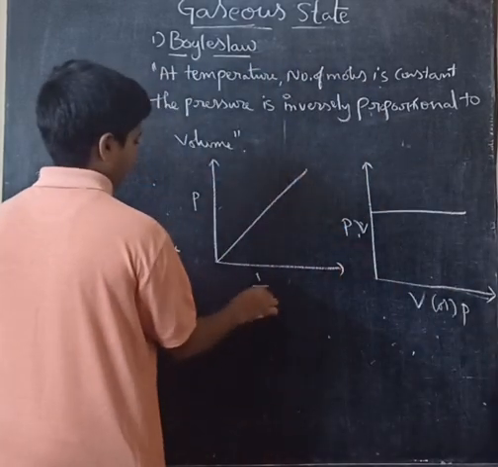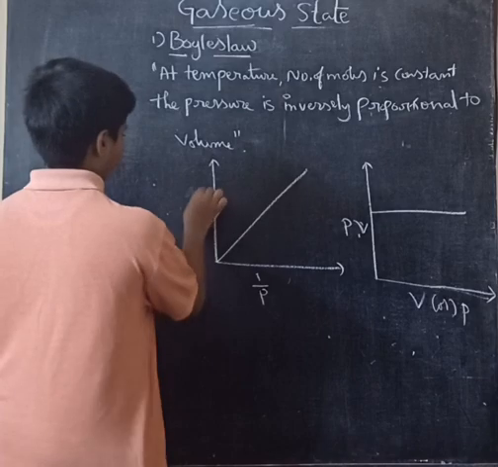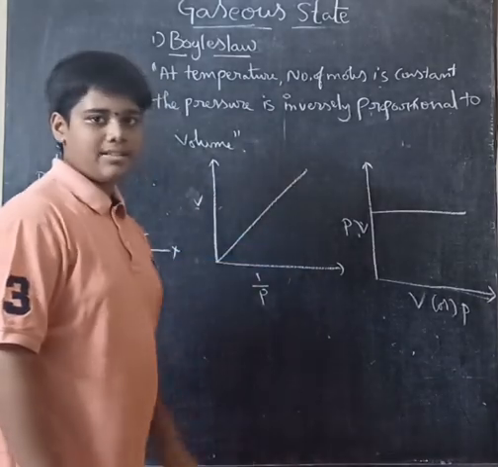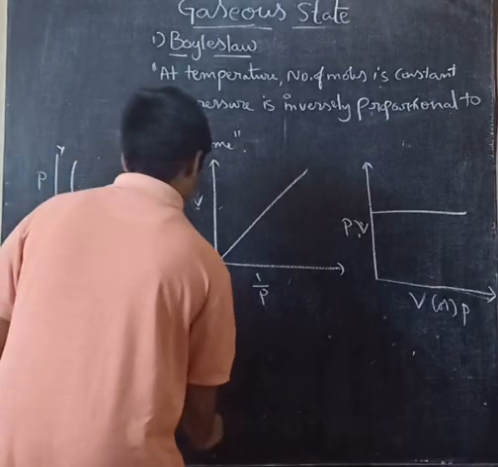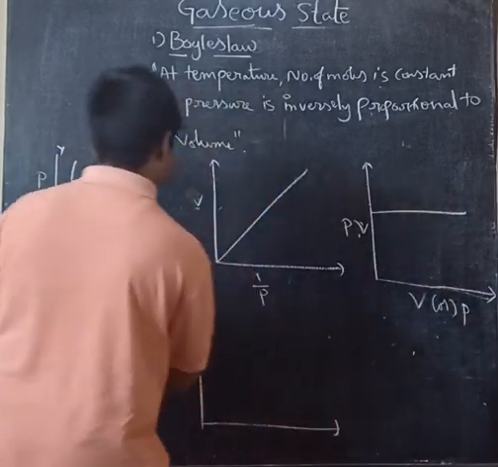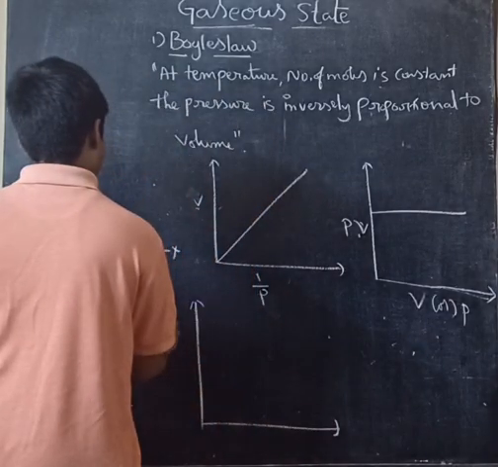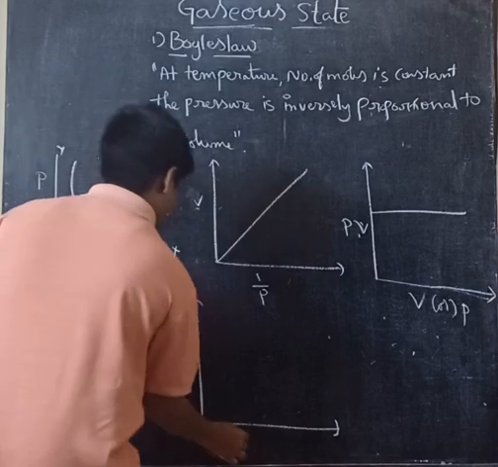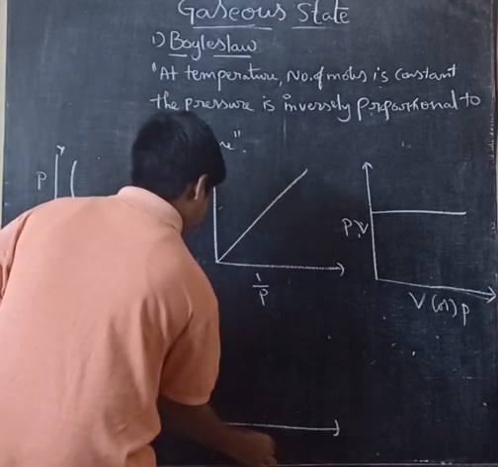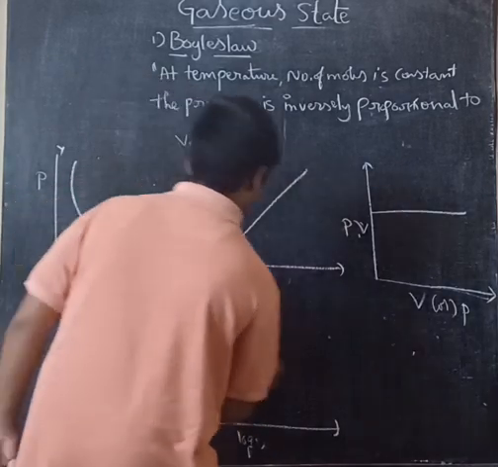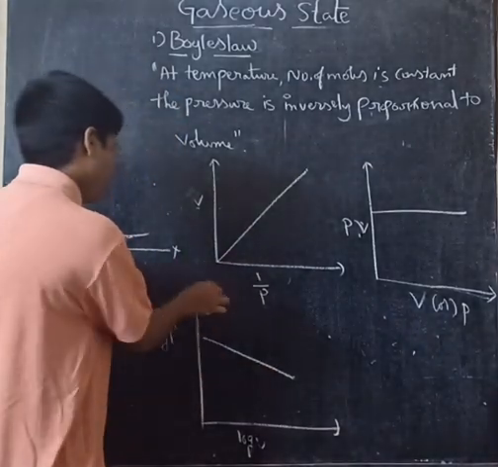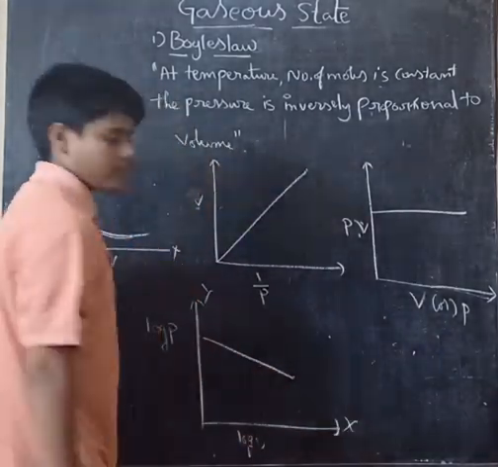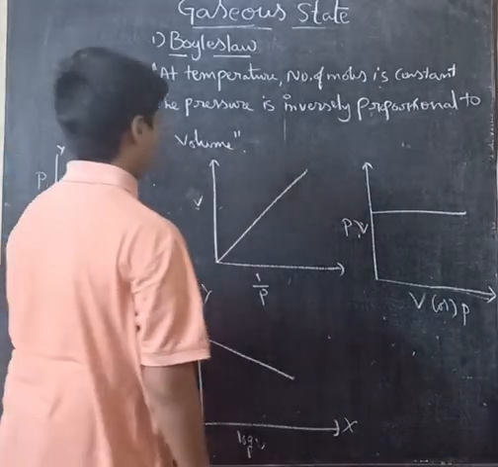If I take 1 by P against V, the graph is also a straight line. Another graph is log P against log V, without touching the y-axis. So these are the 4 graphs.